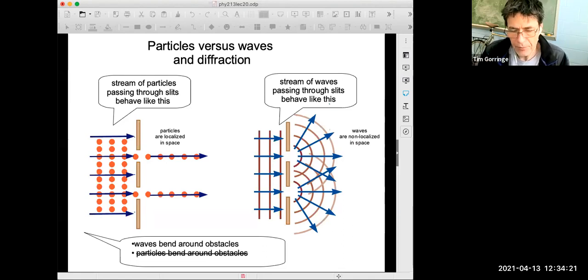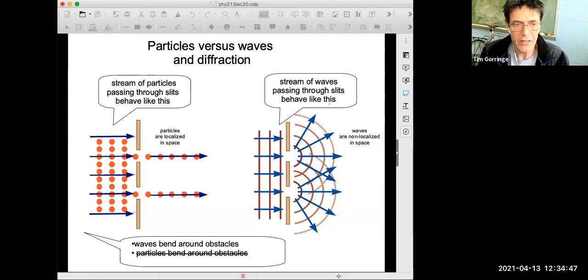On the left-hand side of this slide is a situation involving particles, and on the right-hand side is a situation involving waves. In both cases, I've got on the left a stream of particles that is traveling from the left to the right.